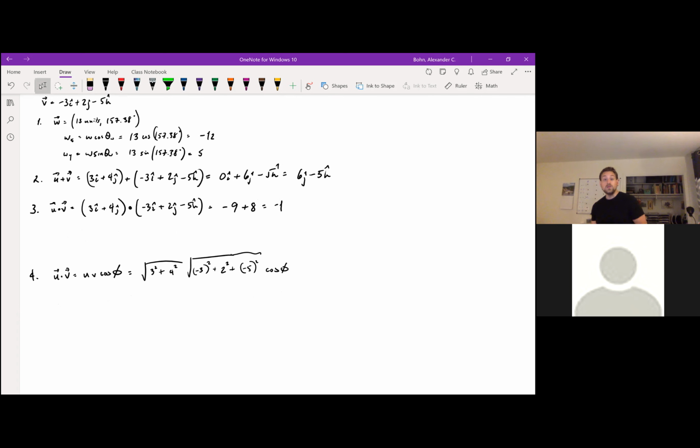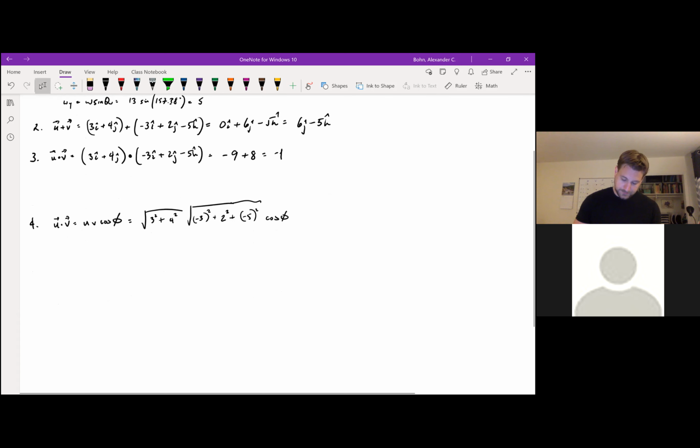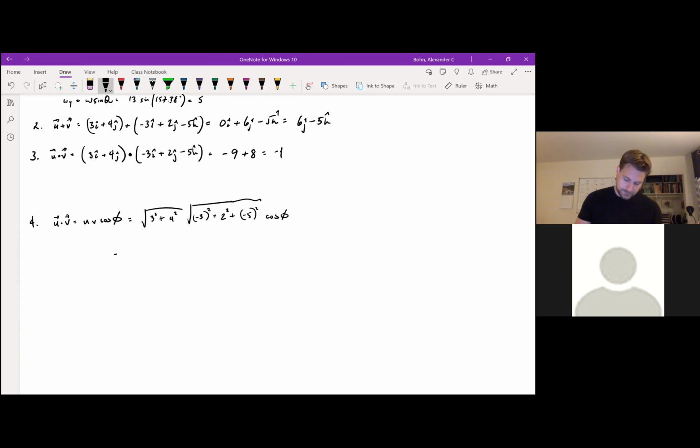Now, the thing is, we know now the result, u dot v. We know that it's -1. So the only thing we don't know is the angle phi between them, which is what we're asked for in step 4. Nine plus 4 is 13. 13 and 25 is 38.